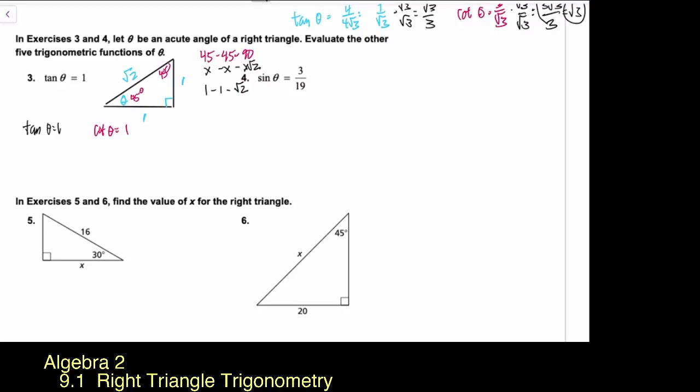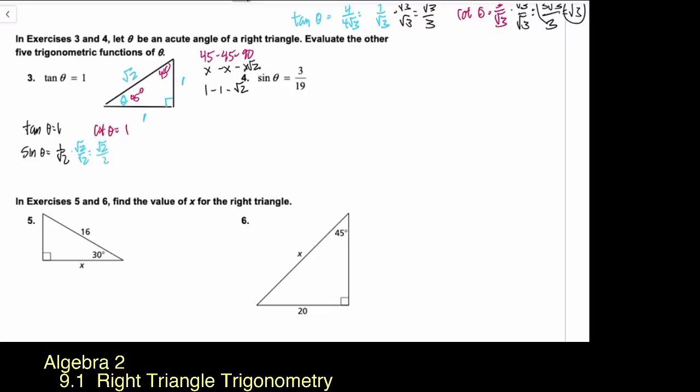Then let's take a look at sine theta. If we look at where theta is, with SOHCAHTOA, sine is opposite over hypotenuse, it's 1 over rad 2. But that's a no-no. We got to rationalize. So we multiply top and bottom by rad 2, and we have rad 2 over 2.